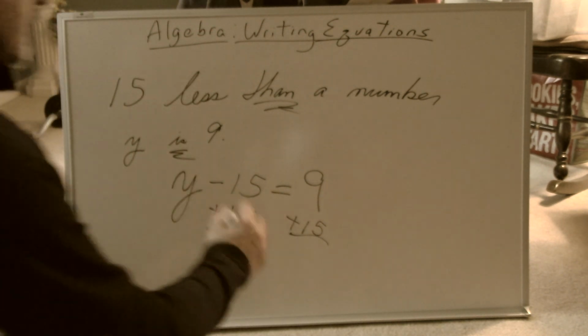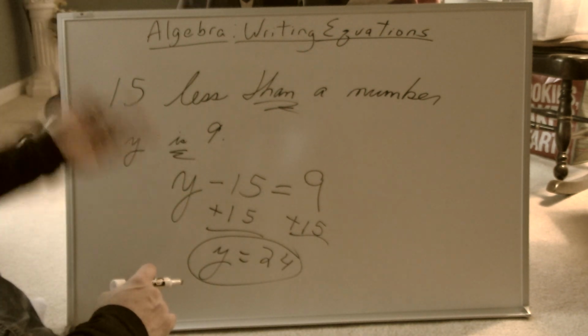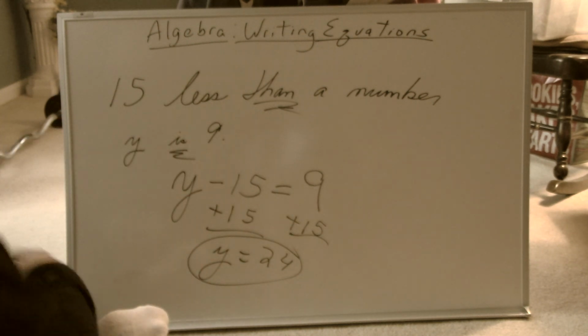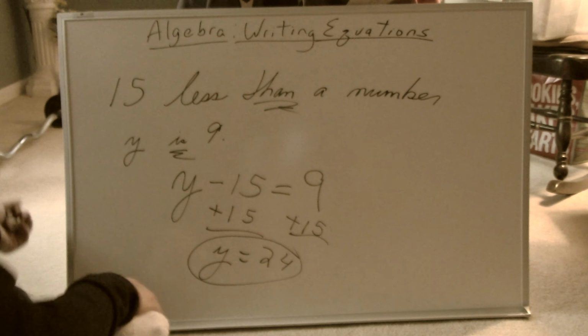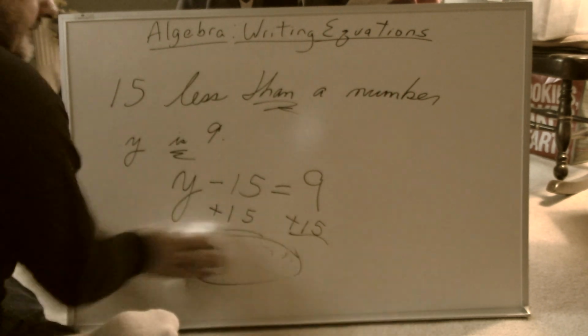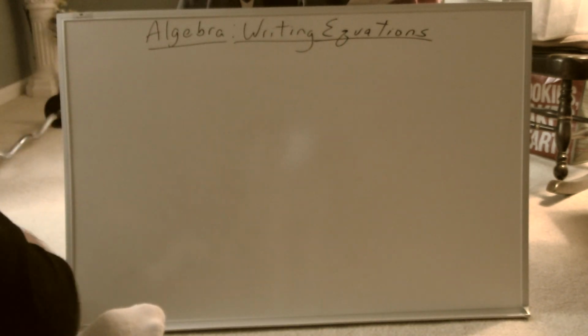That's easy, 24. So anyway, y equals 24. In another video, I'm going to show you how to do the check, but not right now. Right now, I just want to make sure that you learn how to take a verbal equation, put it into algebraic form, and then solve it. And then we'll get to checking your answers.